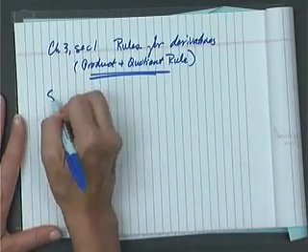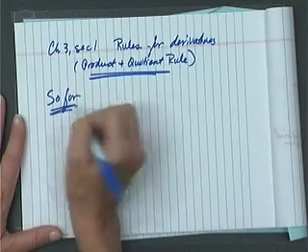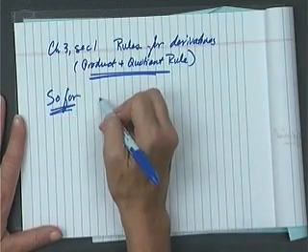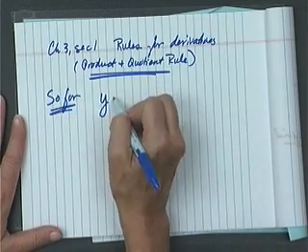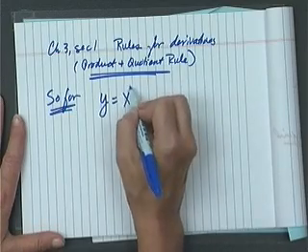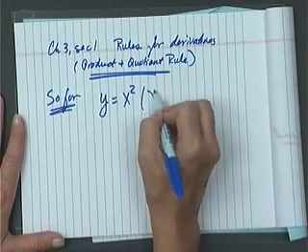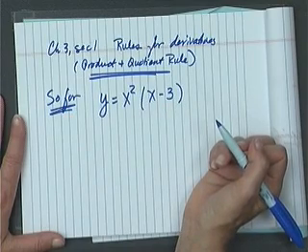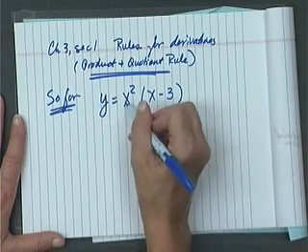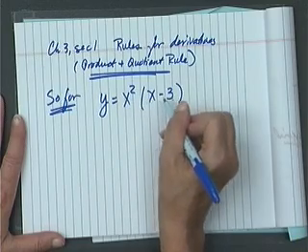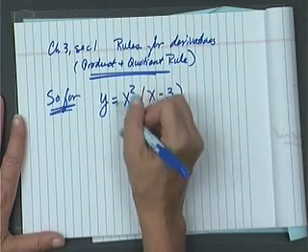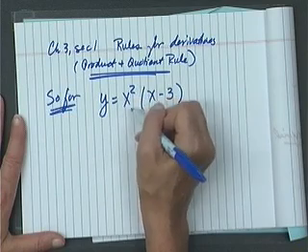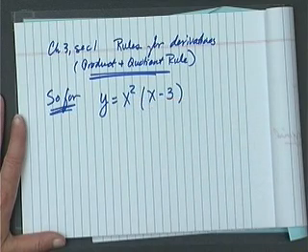All right. So far, if you had to take the derivative of something like y equals x squared times x minus 3, where it's not a constant times a function, but a function times a function, what did we need to do before we could take the derivative?